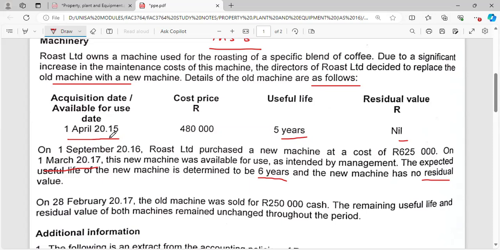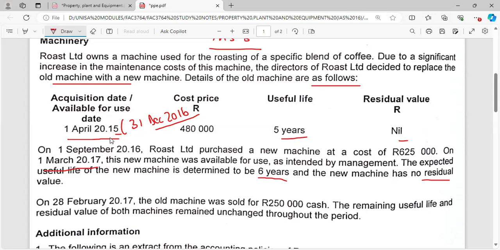So when you have a situation where it was acquired like this, it means your accumulated depreciation should be from 1 April 2015 to 31 December 2016. What is important now is for you to calculate how many months are there from 1 April 2015 to 31 December 2016.